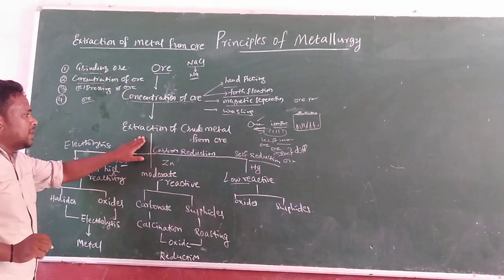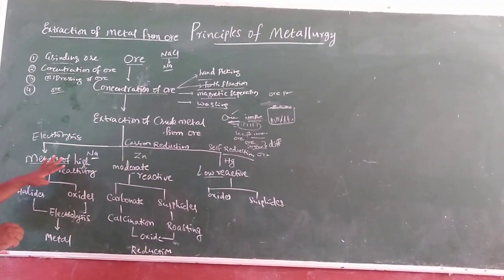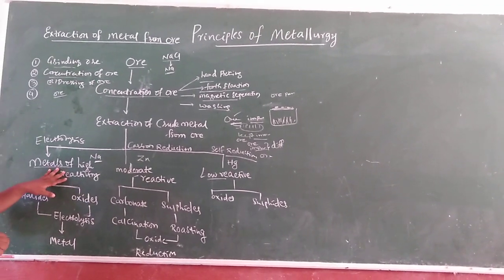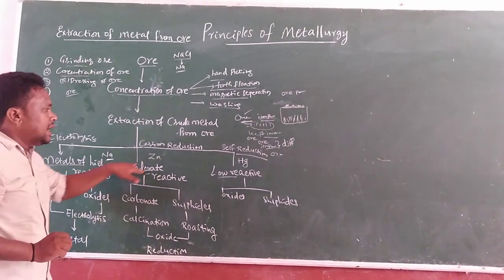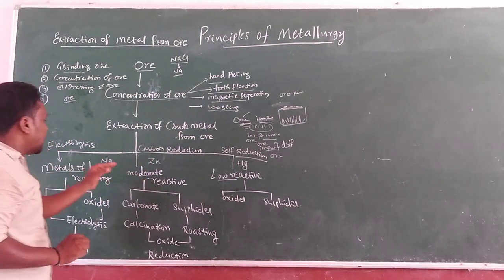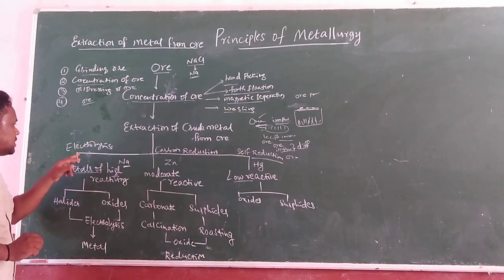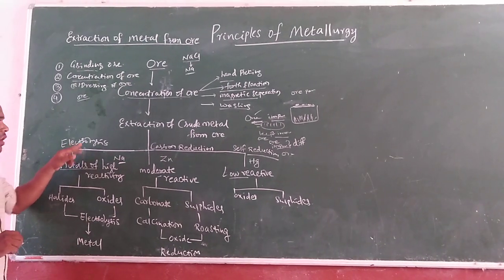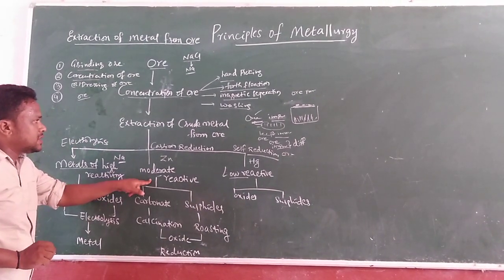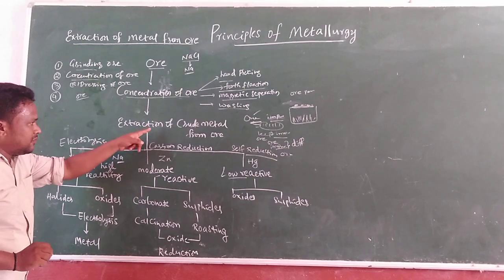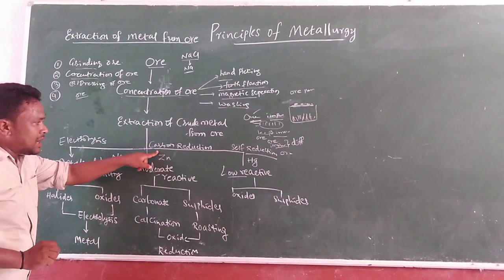Extraction of crude metal from its ore: here there are three processes, extraction of high reactive elements, moderate reactive elements, and low reactive elements. How can we get the high reactive elements from their ore? By the process of electrolysis. The moderate reactive elements from their ore? That is carbon reduction.